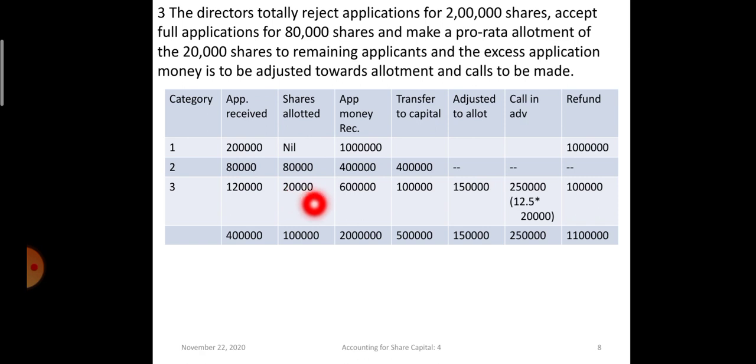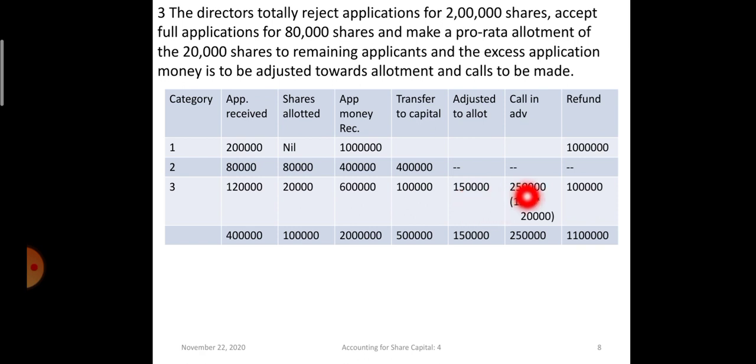On 1,20,000 at the rate of rupees 5, 6 lakh is received. Out of this 6 lakh, 20,000 into 5, 1 lakh will be transferred to the capital account. Now on allotment, it's 7 rupees 50 paisa. So 7.50 into 20,000 is 1,50,000, which will be transferred to allotment.